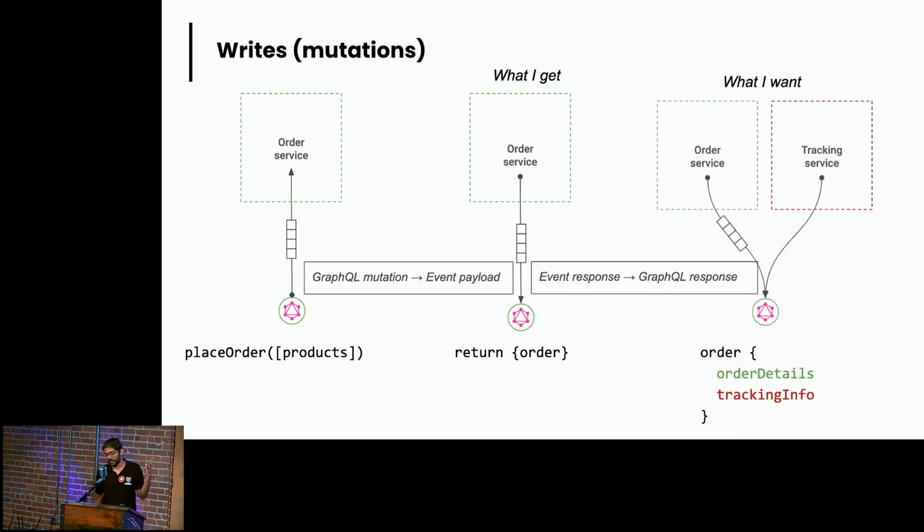When that happens, maybe the client doesn't want just the order, but also the associated tracking info for this order, which might be pulled in from a different service altogether, right? So it's weird to think about bringing those two things together, and that's one of the problem areas when it comes to event-driven logic, right?